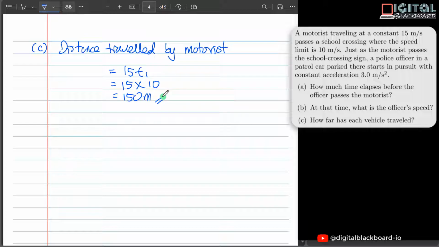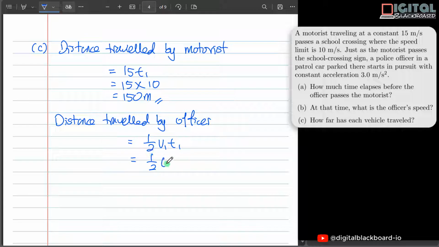Or we can also use the distance traveled by the police officer. They should be the same. It is equal to the area of the triangle, half v1 t1, which is half times 30 times 10, giving us once again 150 meters.